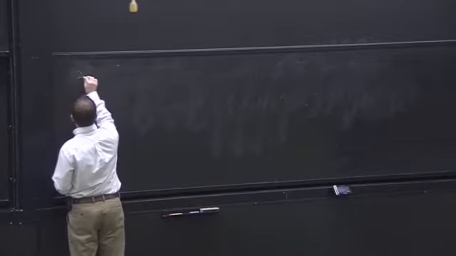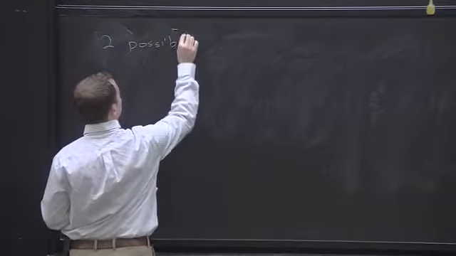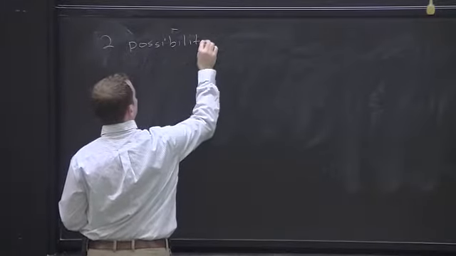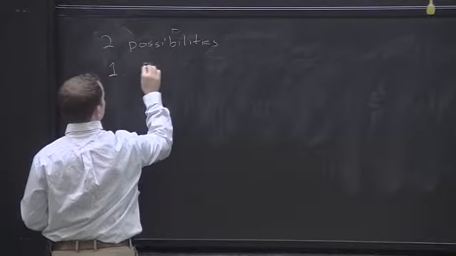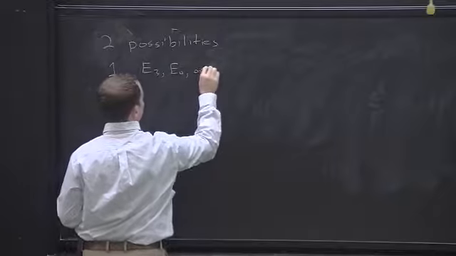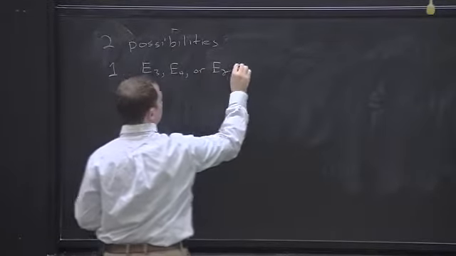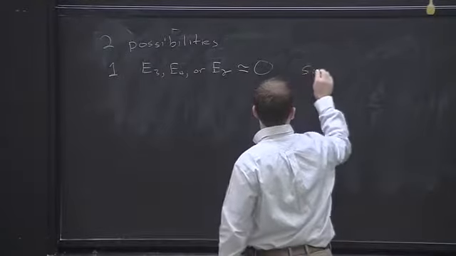So there are two kinds of possibilities. So the first possibility is E3, E4, or E gamma is 0. This is what's called the soft singularity.